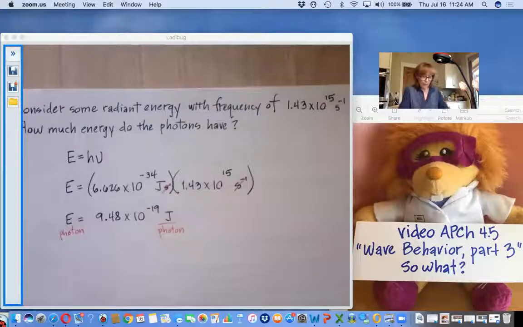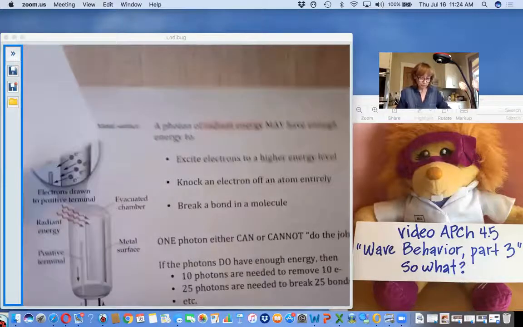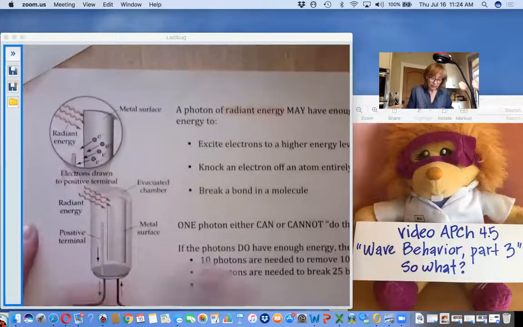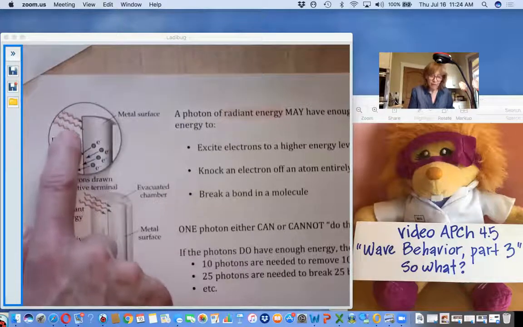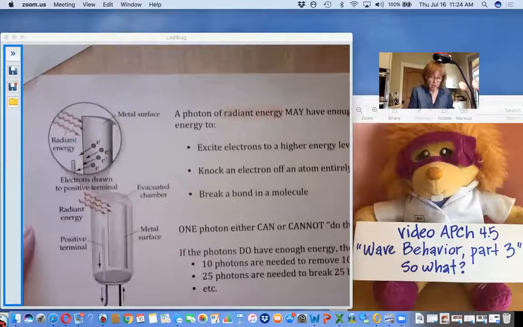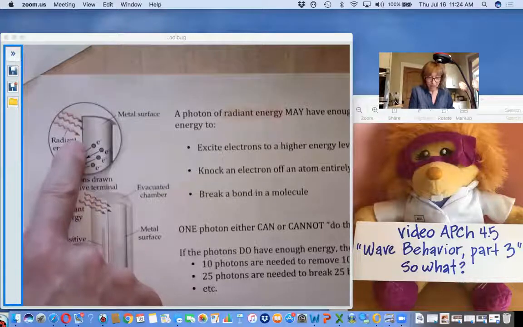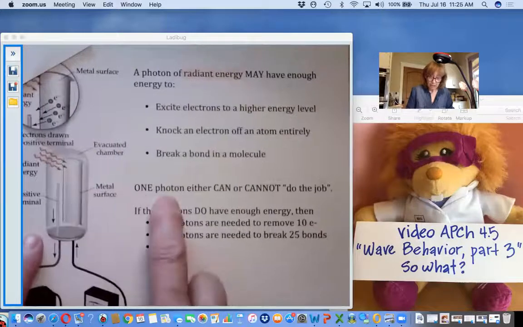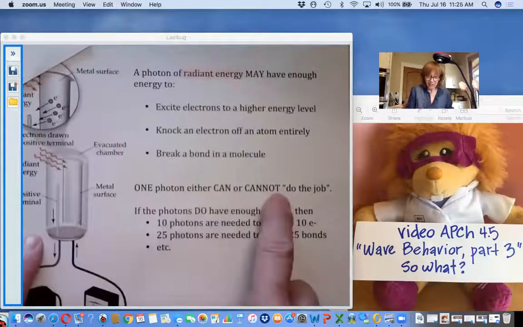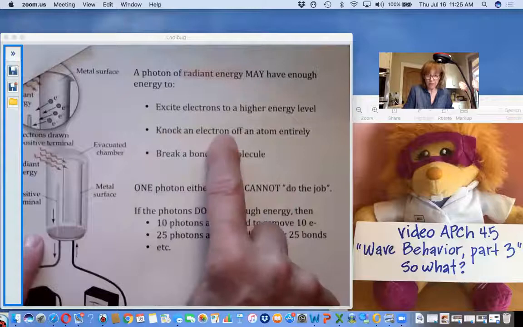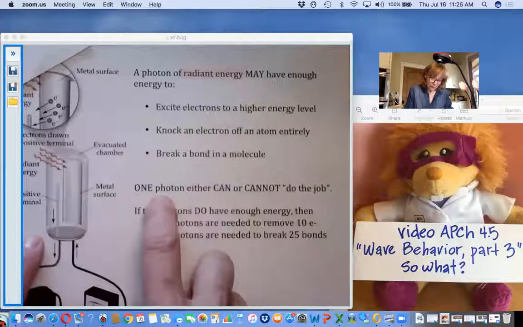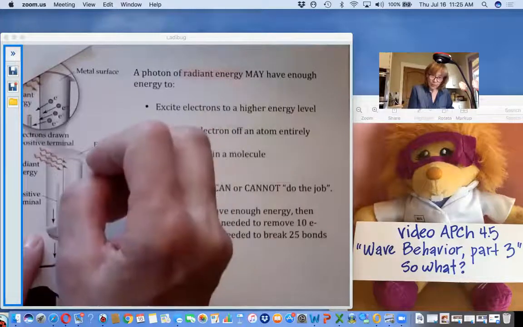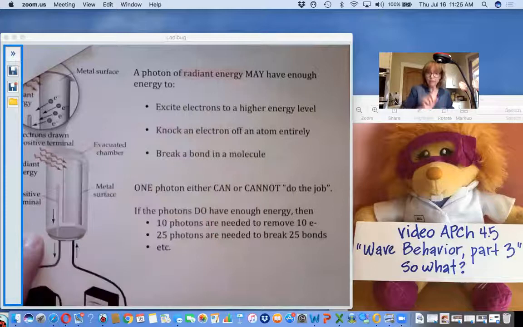Okay, now I want to go back to my picture for just a minute. This radiant energy that's coming in and striking the piece of metal is made of a fleet of photons, many, many photons streaming along. Okay, one photon either can or cannot do the job of knocking off an electron. But if it has enough energy, then one photon would strike one beryllium atom and knock off one valence electron.